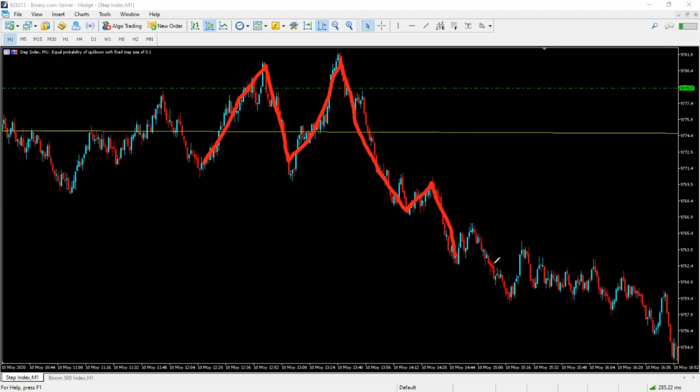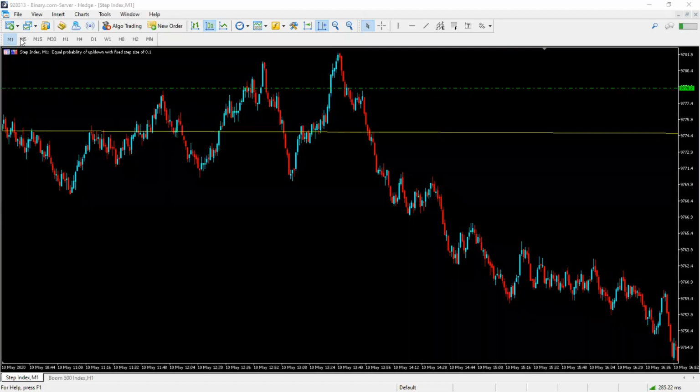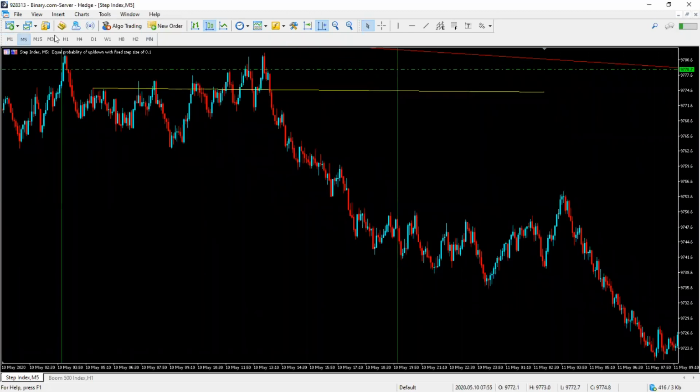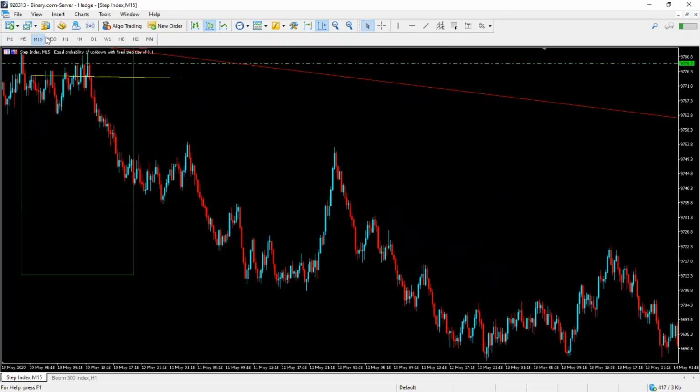So how you move your stop loss is like this. See how you are going to be moving your stop loss.